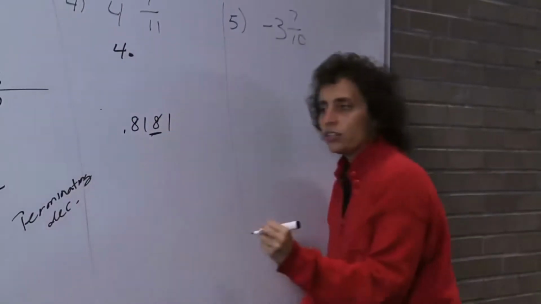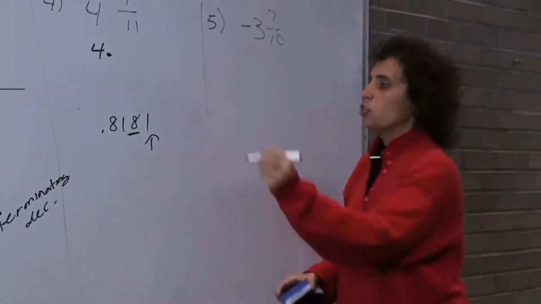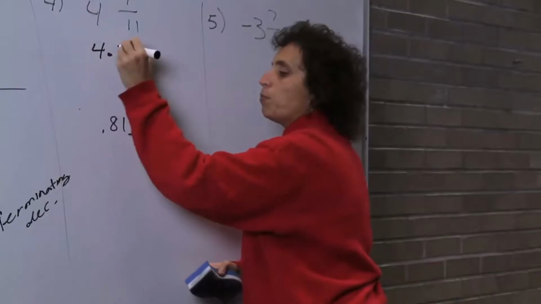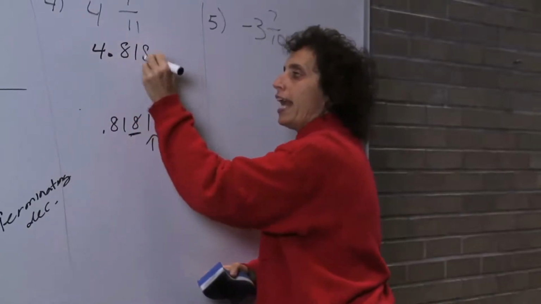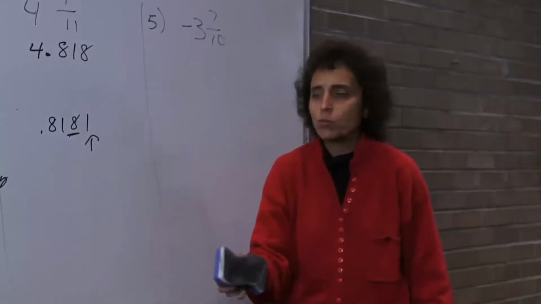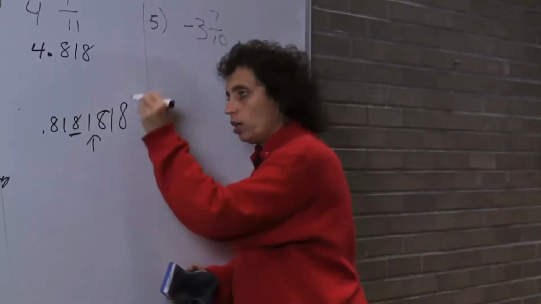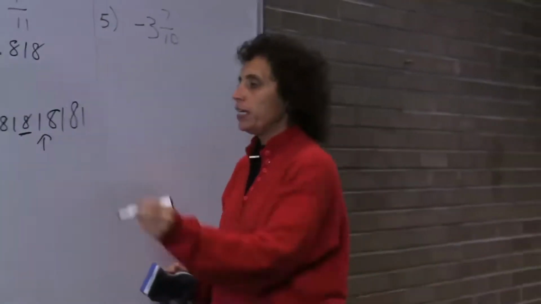Thousandths is here. I look at this. I leave that alone. So it's approximately 0.818, so 4.818. They want to know what kind of decimal it is. It's a repeating decimal, because we're going to keep getting 81, 81, 81.